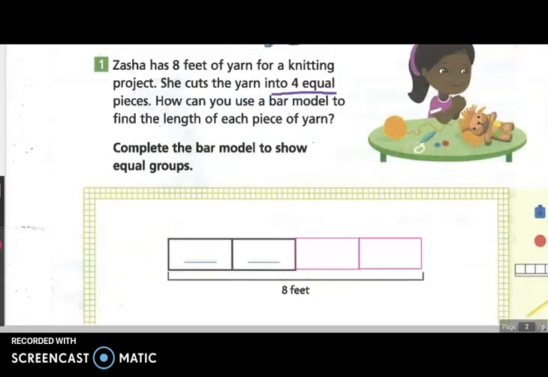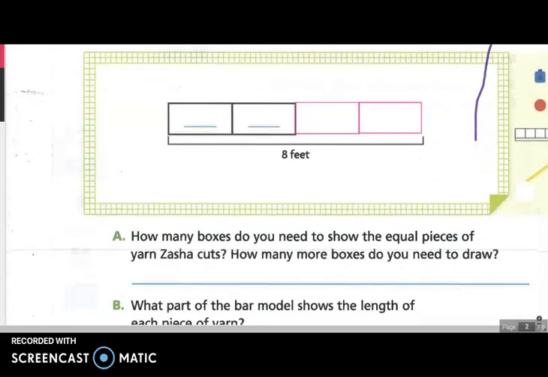Because it tells us she has 8 feet of yarn and she's cutting it into 4 equal pieces. So down below it says, how many boxes do you need to show the equal pieces of yarn Zasha cuts? So how many boxes do we need all together? 4 boxes.